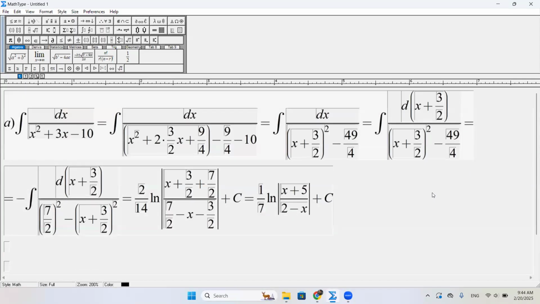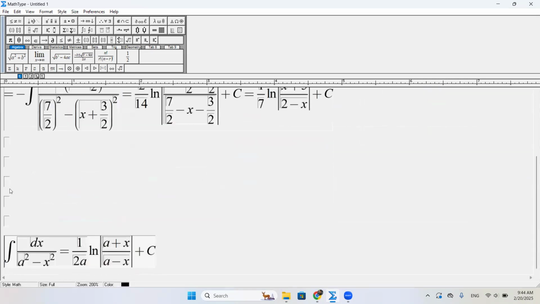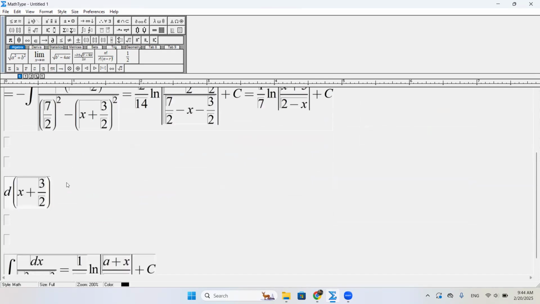Any questions about this task? Is everything clear? I've got a question. Why did we put x plus 3 over 2 under the differential instead of x? Okay. Actually, if we differentiate this expression, x plus 3 over 2, we will receive the same as dx, because the constant will be differentiated to 0 and x will be differentiated to 1, so it's like 1 by dx.